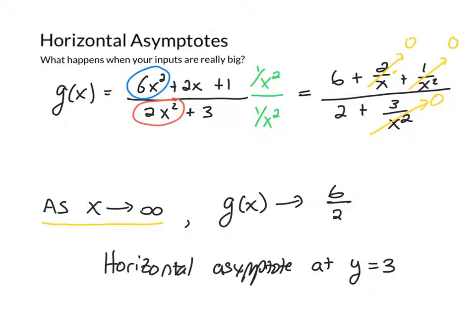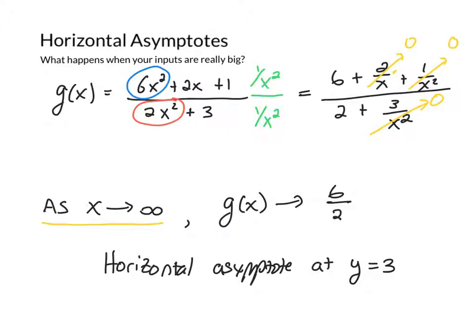So the 6 is the leading coefficient for my numerator polynomial, and 2 is the leading coefficient for my denominator polynomial. So if they were different, really all I'm looking at is the ratio of my leading coefficients. Okay, so when your degrees are the same, you're going to look at your leading coefficients and look at their ratio, and that's going to give you your horizontal asymptote. Okay, so a horizontal asymptote here at y equals 3.